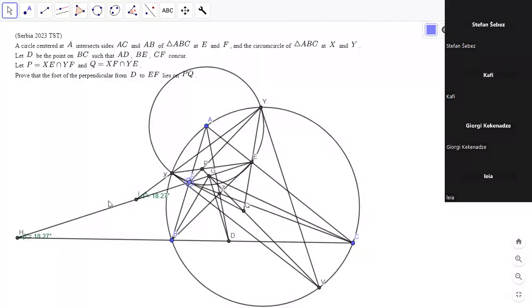So this angle is half the difference between arc YE and FX, which is basically, is it just the difference between this angle and this angle? Might be. Yeah, because it's this minus that, which is this minus that.